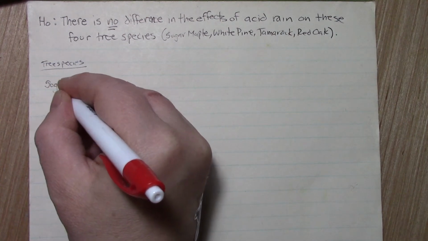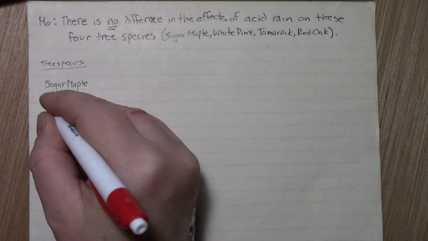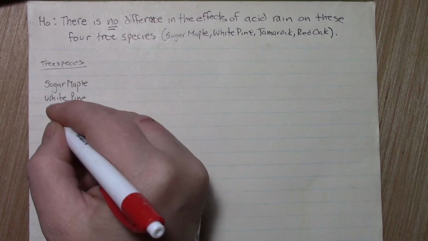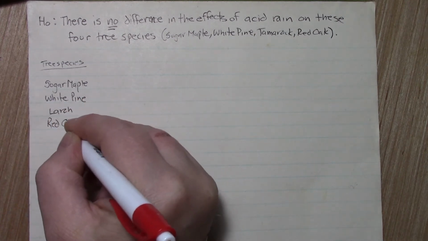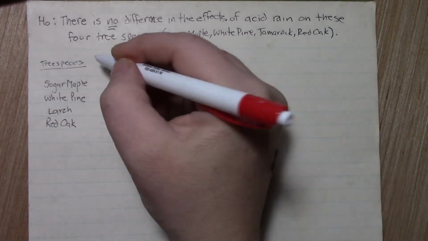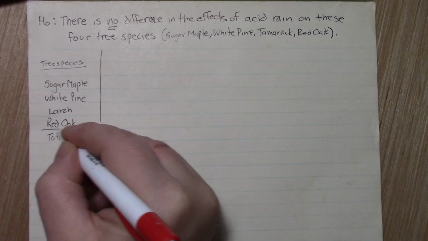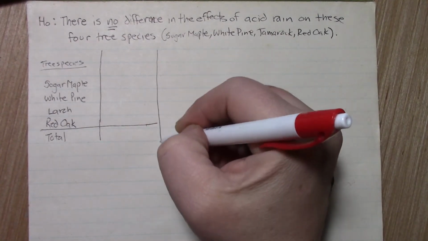So sugar maple, white pine, larch or tamarack, and red oak. And then total. And then I only have one column because I only have one variable.